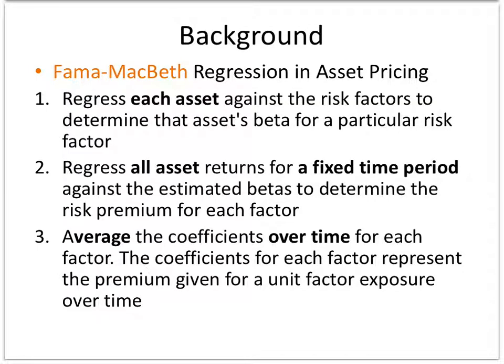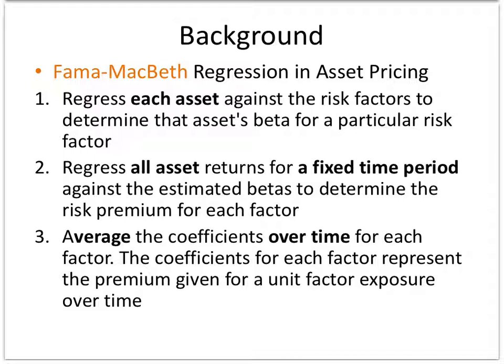Before we move on to the specific research question, I would like to talk a little bit more about the research background. The whole paper evolves around what's called the Fama-MacBeth regression in asset pricing in finance, and we'll abbreviate it as FM regression hereafter.